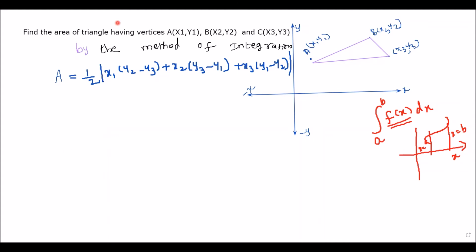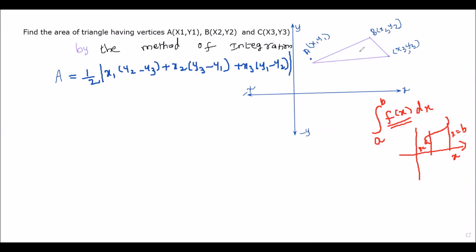Now let us use these two concepts, the area formula and this integration concept, to derive this area. For this, let me first join and draw the lines.